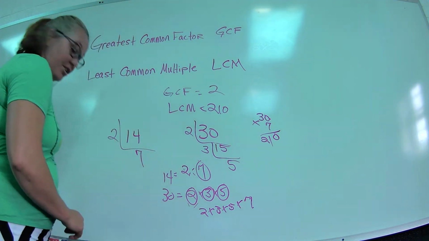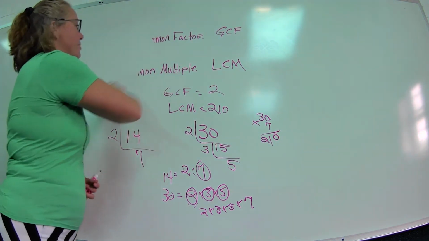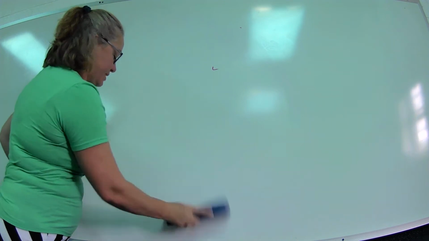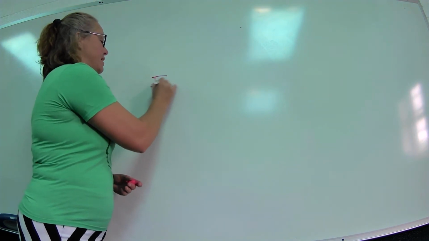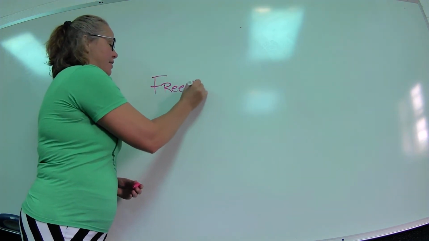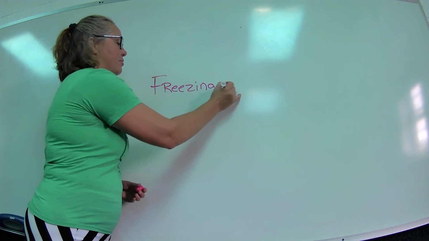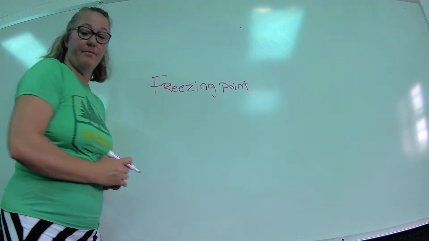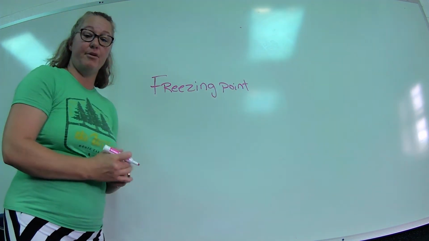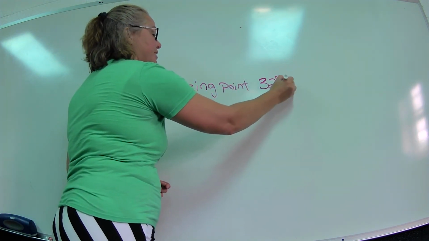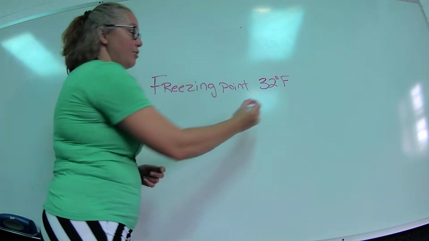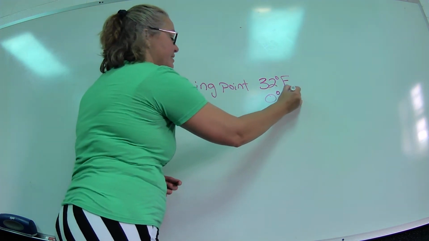But before we start doing that, we're going to go over some important temperatures that we need to be aware of. One of those is the freezing point. This will be important in math to learn, facts to remember. Our freezing point is 32 degrees Fahrenheit, or 0 degrees Celsius.